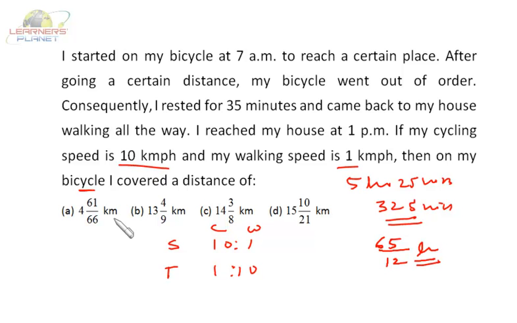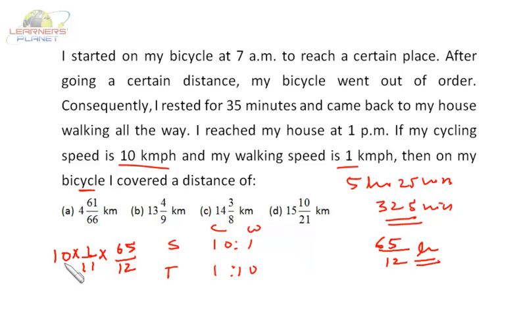Speed in this case is 10 km per hour and the time taken is 1 by 11 of this. So 1 by 11 of 65 by 12. Since the timing ratio is 1:10, that means the total time is 11 parts, and out of that 1 by 11th part is taken by bicycle, of this time.